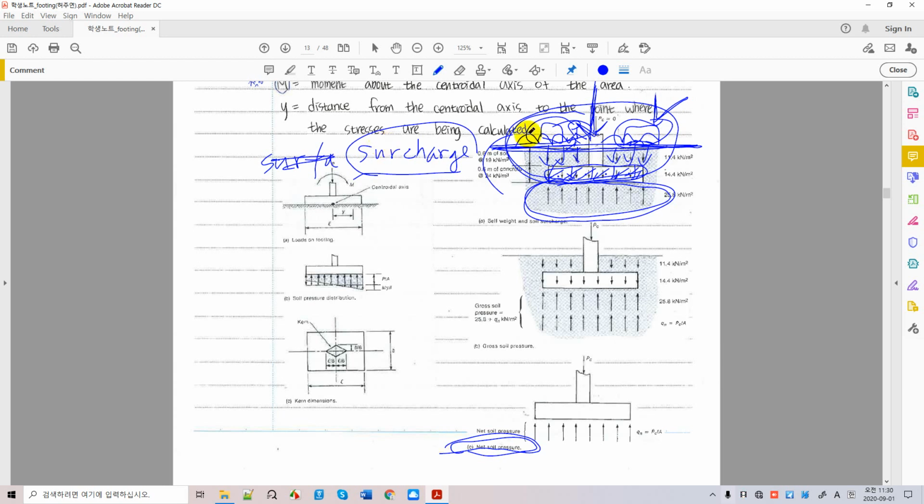Again, you have surcharge on the top of the street, and you have soil loading bearing on your foundations and your foundation concrete loadings. These are external loadings that you need to subtract from the soil bearing capacity to get a net soil pressure.